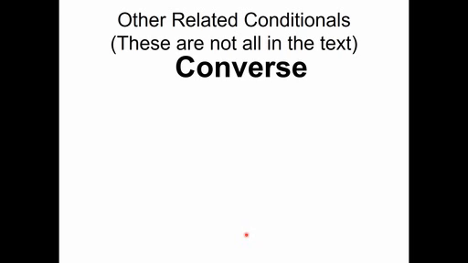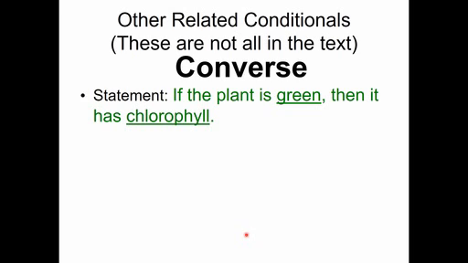The converse. You have to find a way to remember what this is. So here's our original statement. We'll work with this for a while. If the plant is green, then it has chlorophyll. So you can see the hypothesis. If the plant is green, then the conclusion, then it has chlorophyll.